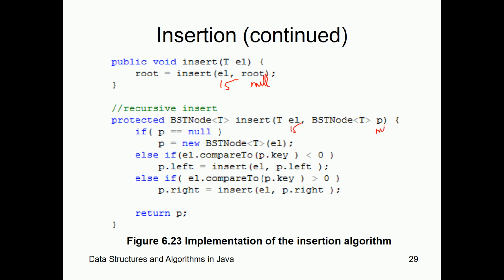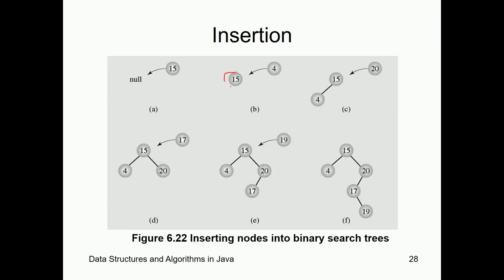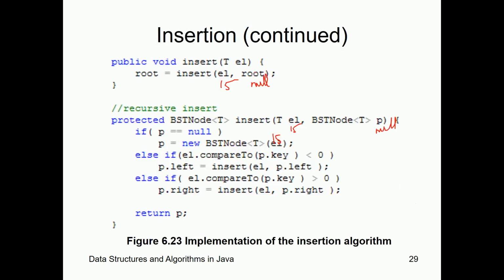This is null. So P is null, right? Is P null? Yes. So I'm going to create a new node with 15, and P now is 15. I'm going to return this new node. So now this root was null, but when I'm done with this, it becomes a node 15.